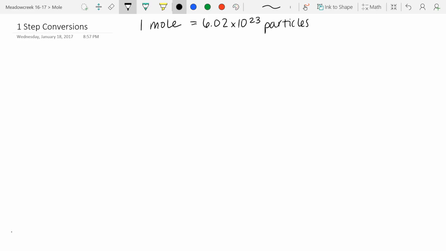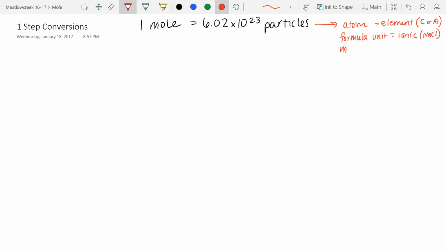Okay. Now, the word particles is kind of just the science word for things. Particles can mean several different things. It could be talking about an atom when you're referring to an element by itself, for example, if you're talking about atoms of carbon or aluminum. It could be referring to a formula unit when you're talking about an ionic compound, such as salt, NaCl, which we know is ionic because it has a metal in it.